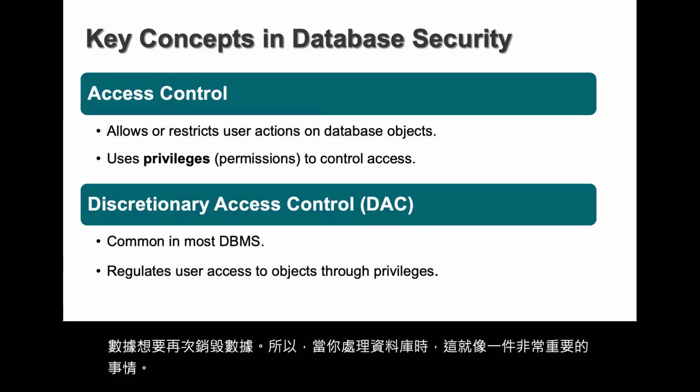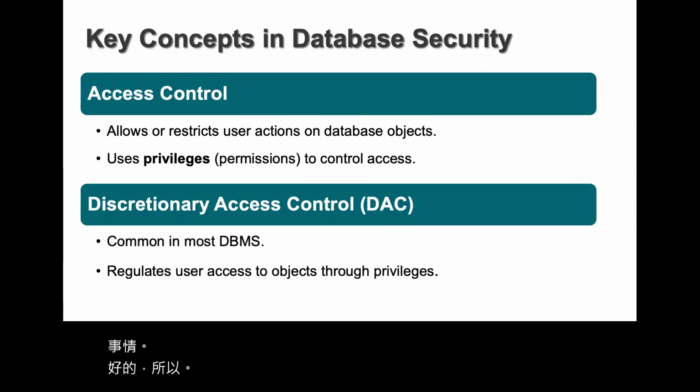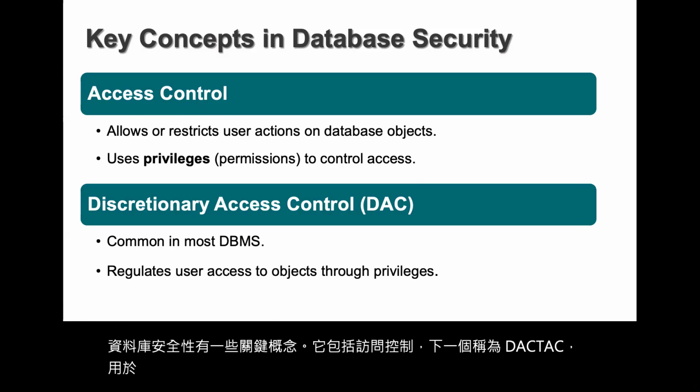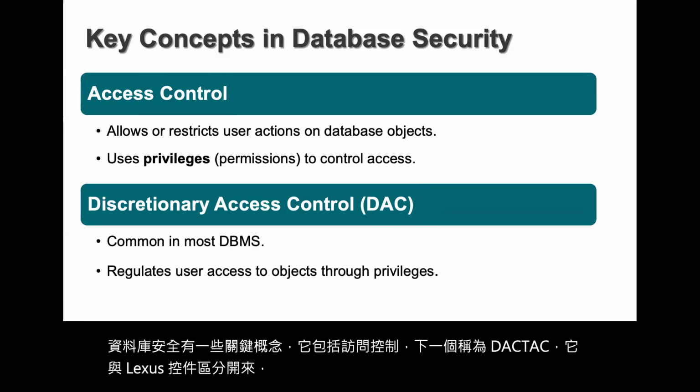Okay, so there are key concepts of database security. They include access control, and the next one is called DAC, discretionary access control. Access control is like a security guard in front of the gate.